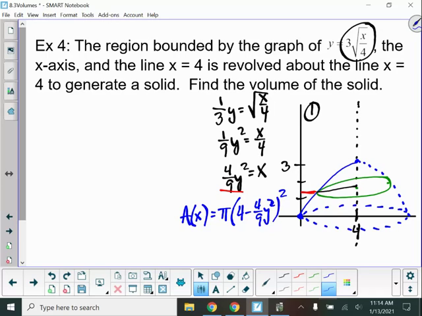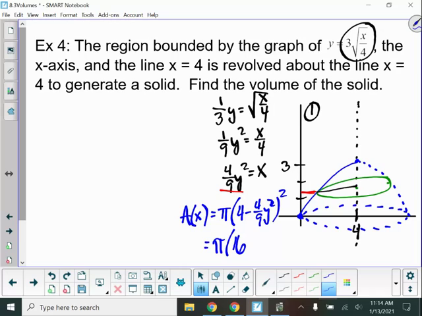In order to integrate this by hand, we will have to expand this binomial. And it's not going to be pretty. We can leave the pi on the outside for that. So I square the first term, 2 times the last times the first.